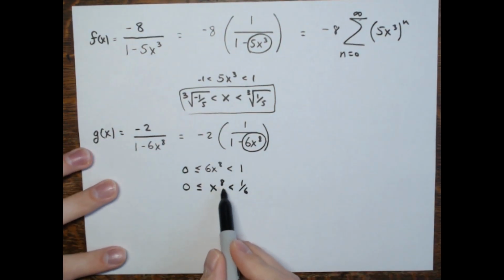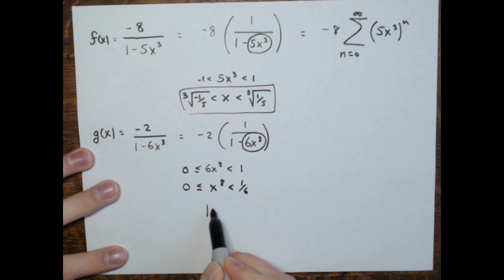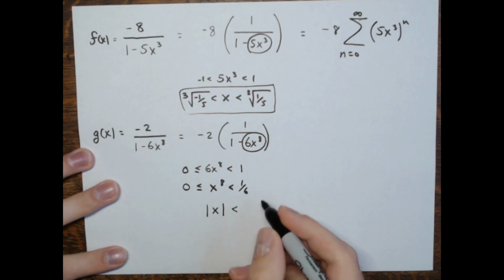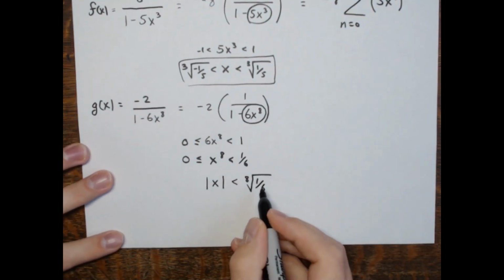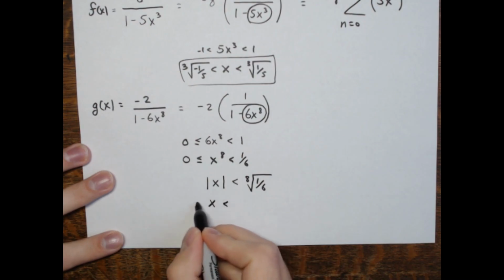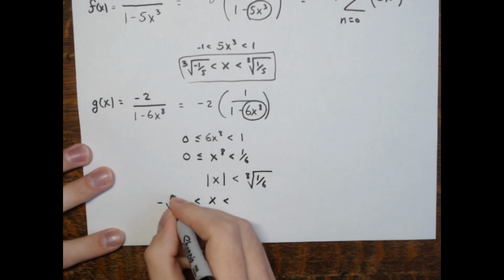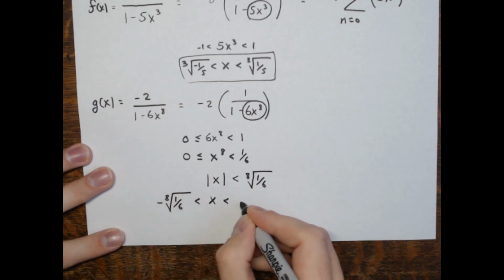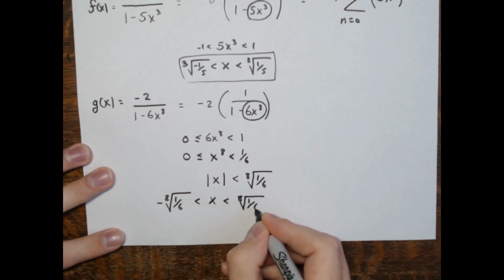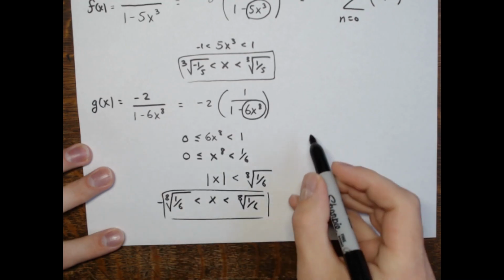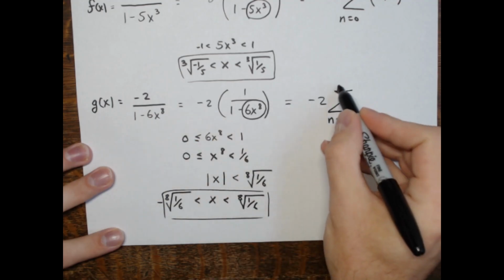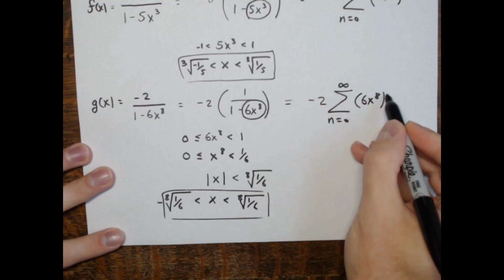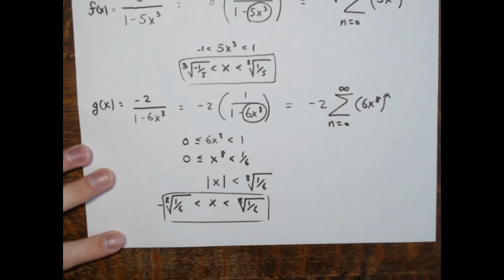Now when I take the 8th root, we'll get absolute value again: the absolute value of x must be less than the 8th root of 1/6. This implies that x must be between the opposite of the 8th root of 1/6 and the positive 8th root of 1/6. So there's the interval of convergence for this series. We'd have -2 times the sum from n equals 0 to infinity of 6x to the 8th to the nth, so 6 to the nth and x to the 8th.